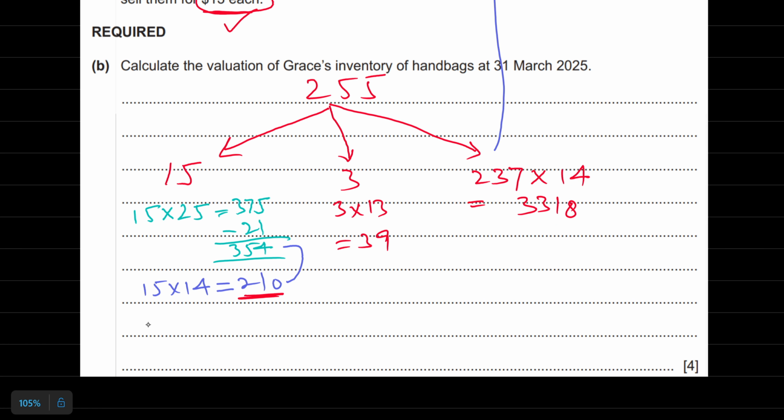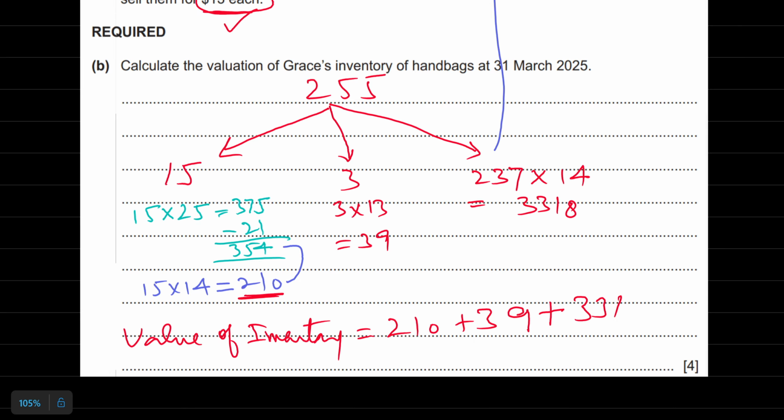So the correct value of inventory is 210 plus 39 plus 3318, and this will be 3567.